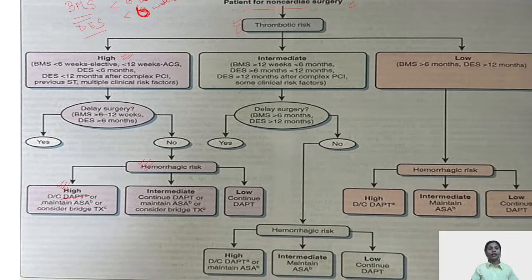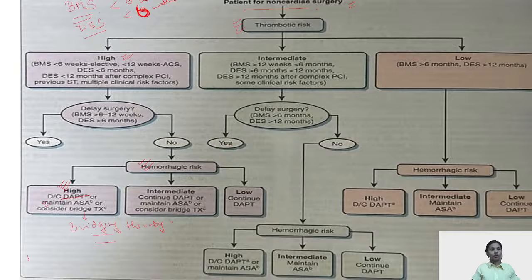For the thrombosis, we can maintain the patient either on aspirin alone, or we can consider something which is known as the bridging therapy. See, the bridging therapy is of very much importance. What is bridging therapy?